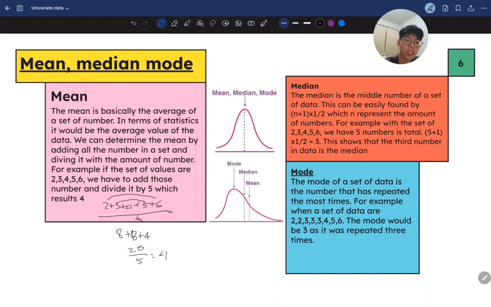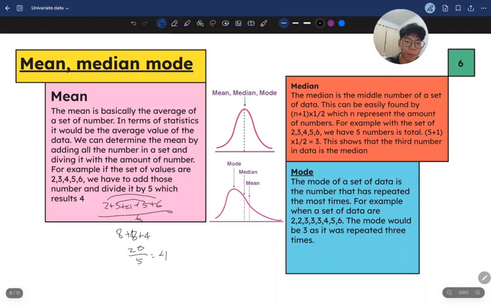The reason we're doing this is that by adding all the numbers and dividing, we can find the average of that set of numbers. Secondly, what is the median? The median is the middle number of the set of data. This can be easily found by the formula (n plus 1) times 1 over 2, where n represents the amount of numbers. For example, with the set 2, 3, 4, 5, 6, we have 5 numbers in total.